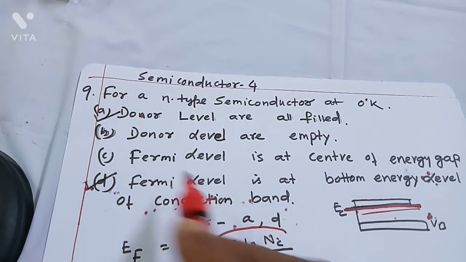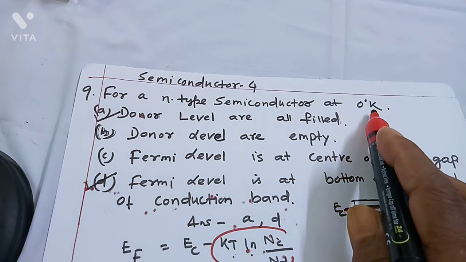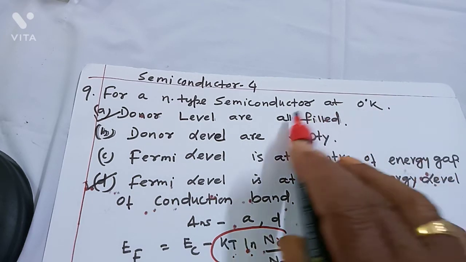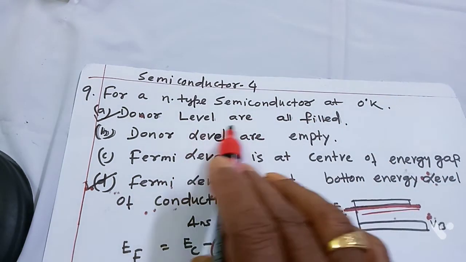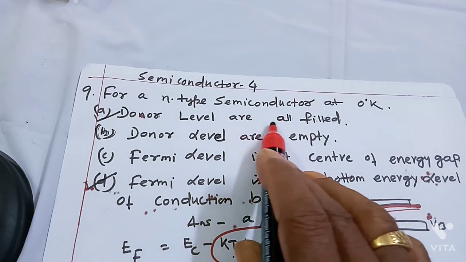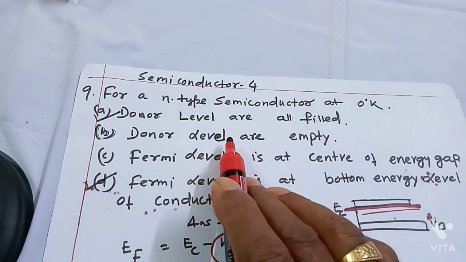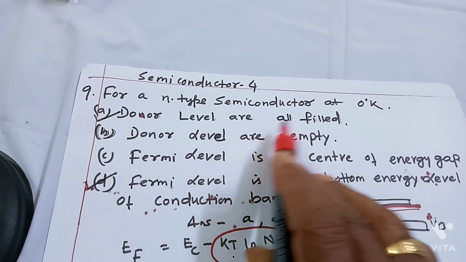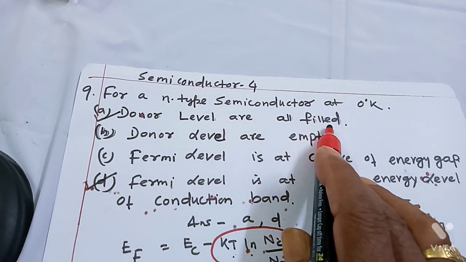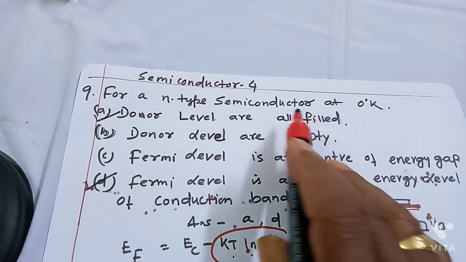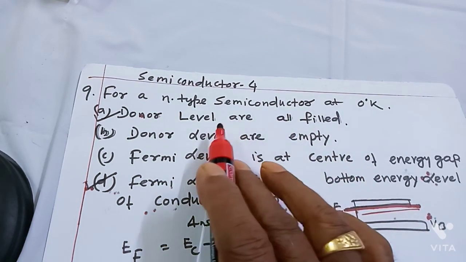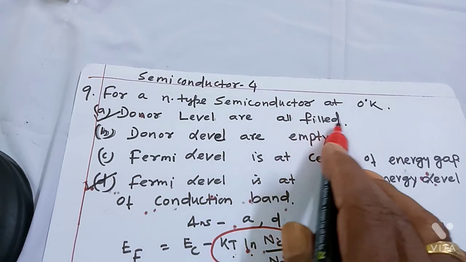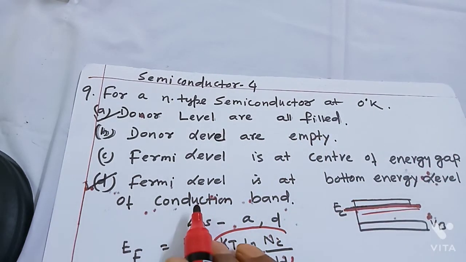Now, at 0 Kelvin, for an n-type semiconductor, the donor level is all filled, just as in a p-type semiconductor at 0 Kelvin the acceptor level is empty. Now, what about the Fermi level?